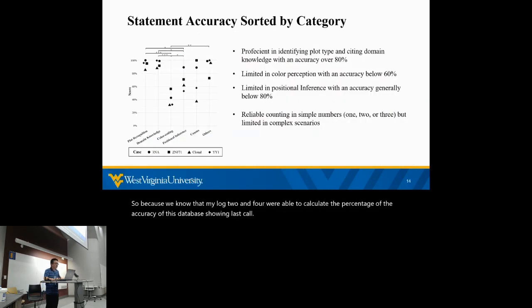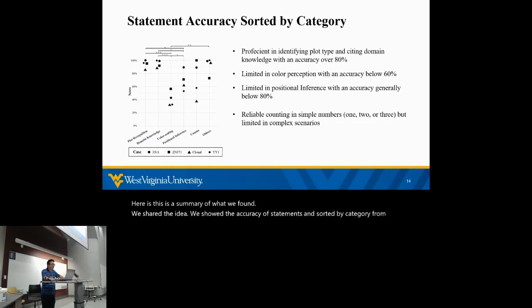Here is a summary of what we found. We show the accuracy of statements sorted by category. From here you can see ChatGPT's accuracy is very high for statements regarding domain knowledge or explaining plot types, about 80%.